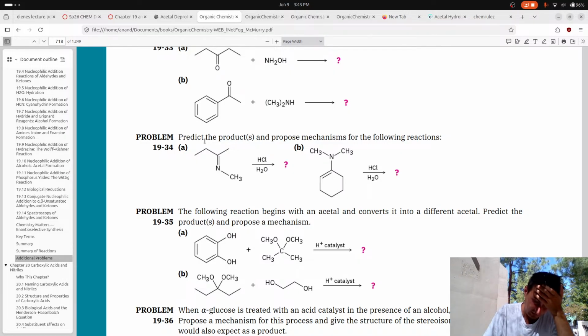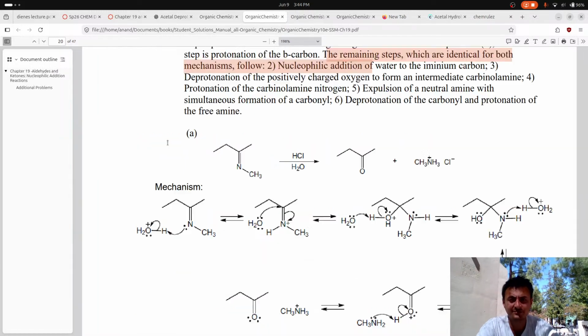Okay, but then what happens after that? I don't know this mechanism. Protonated to iminium, nucleophilic attack by water.